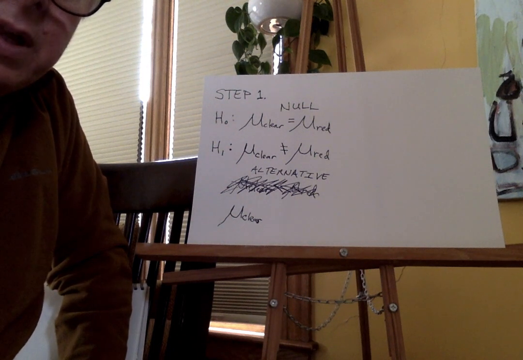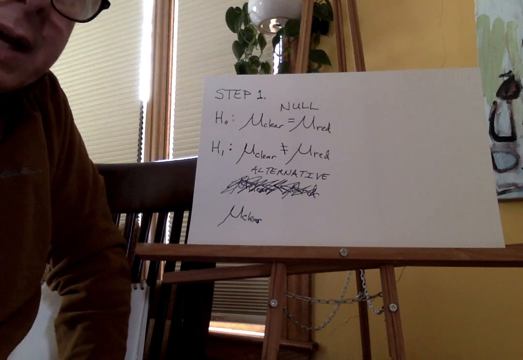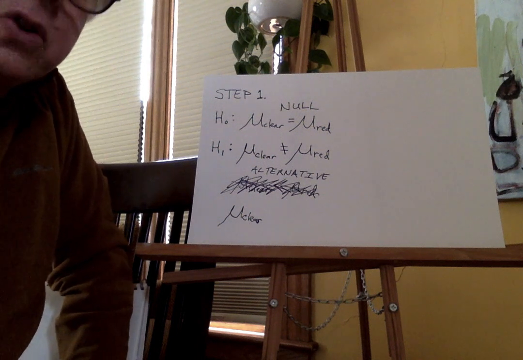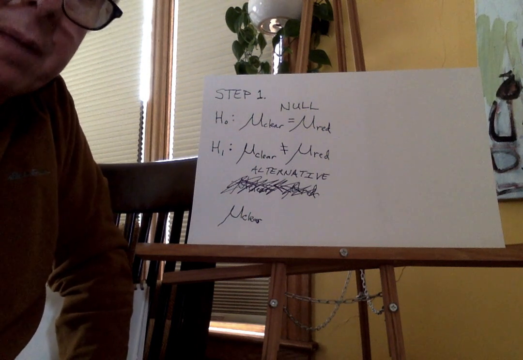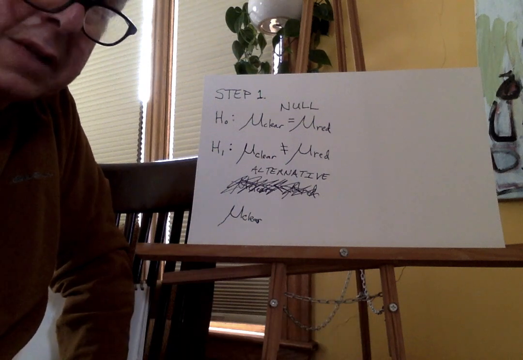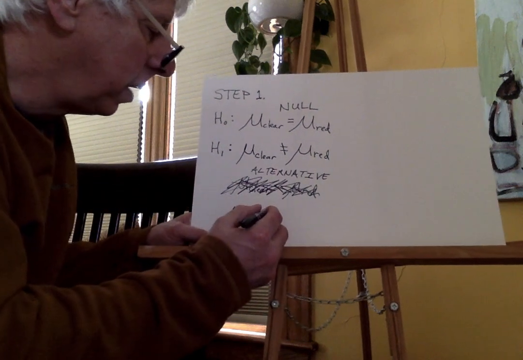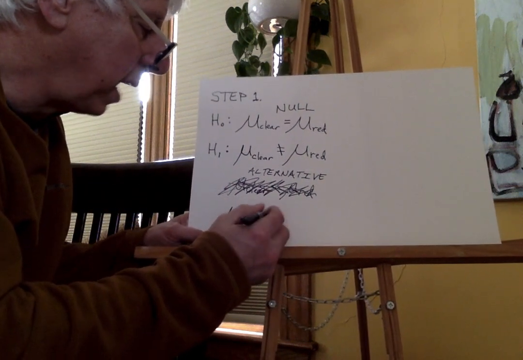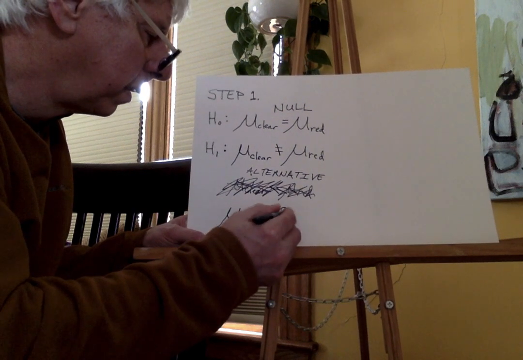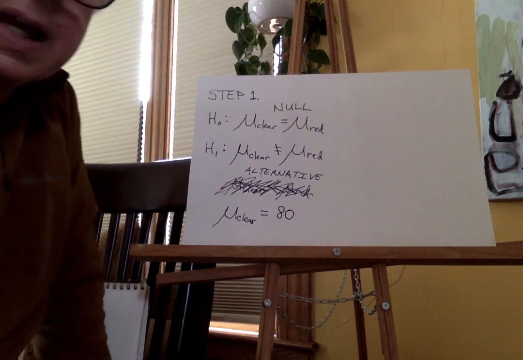In chapter 8, they're going to be starting off a lot of the problems at the end of the chapter by saying, suppose that blah, blah, blah, blah. And then they'll impose some kind of a treatment and see if there's a difference. So here's what I'm going to say. Suppose that we know that people on average rate the clear solution as 80.